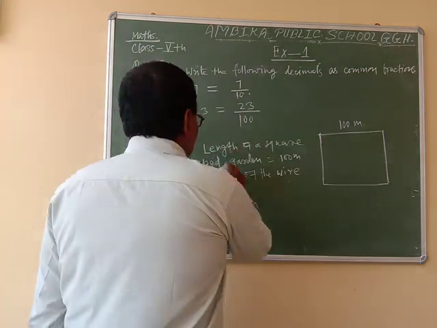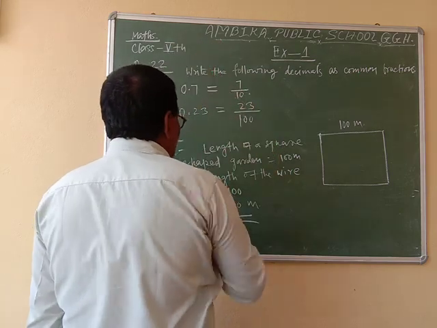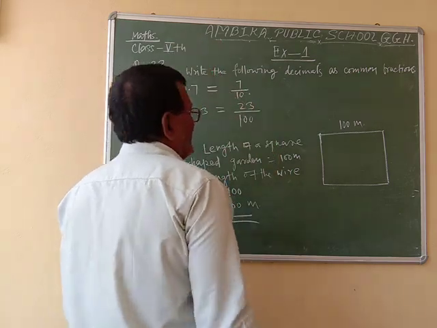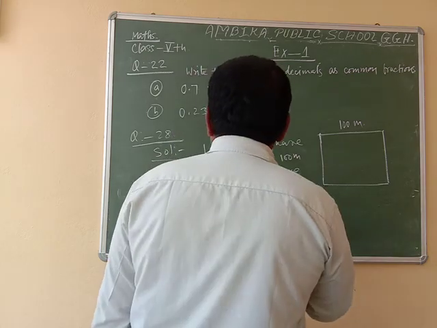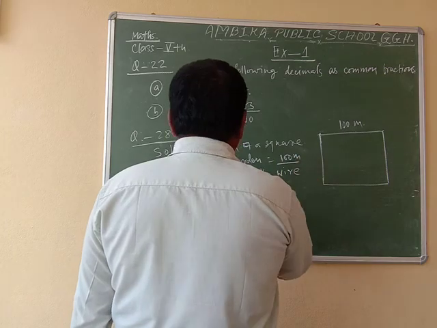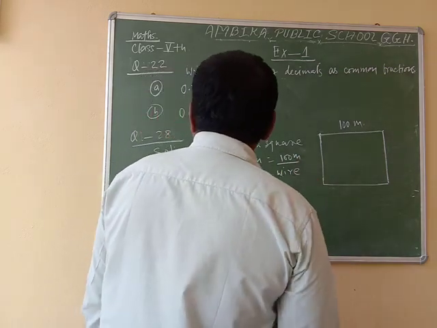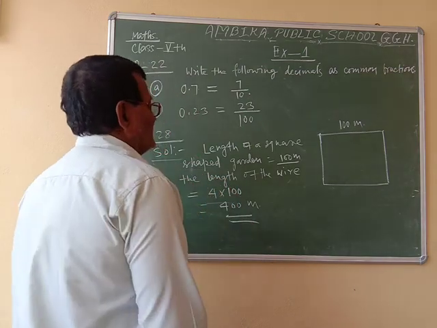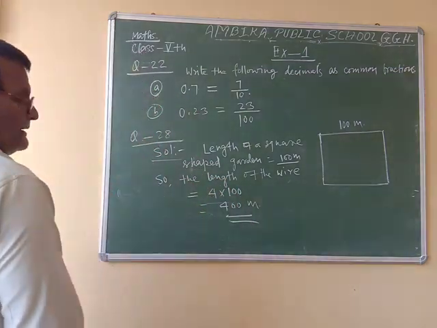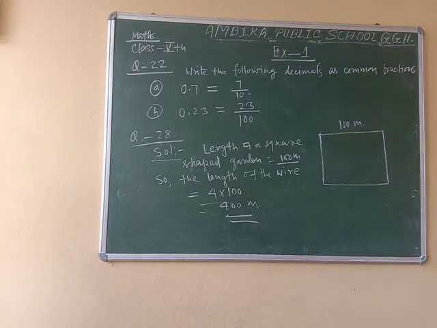Length of the wire will be sum of its four sides. So we multiply 100 meter by 4, we get 400 meter. Hence the length of the wire will be 400 meter.